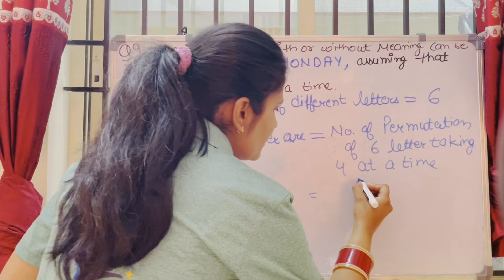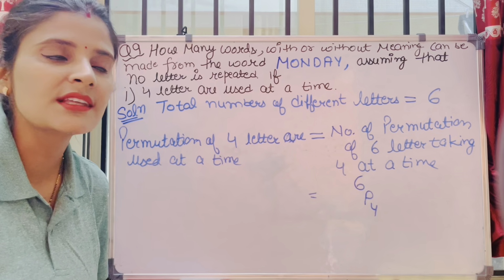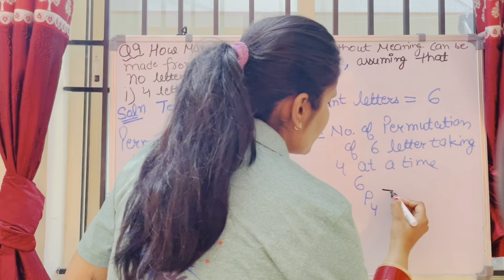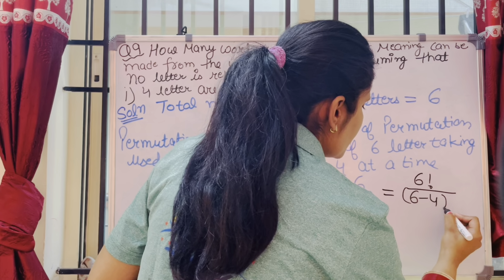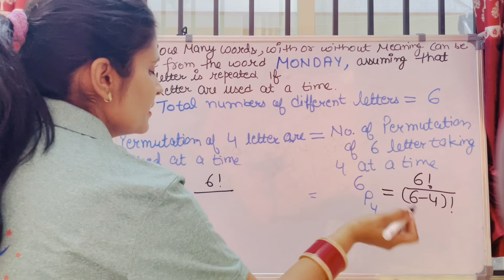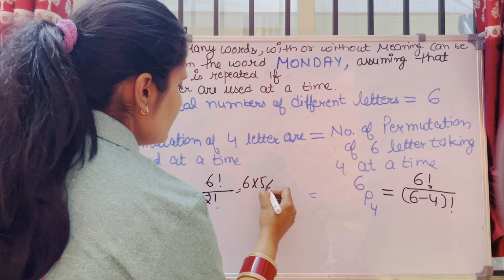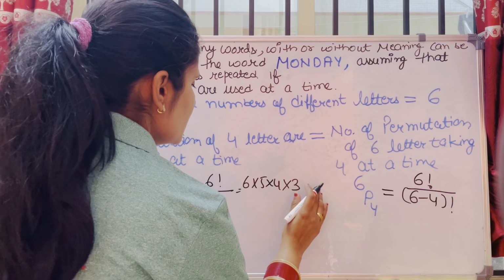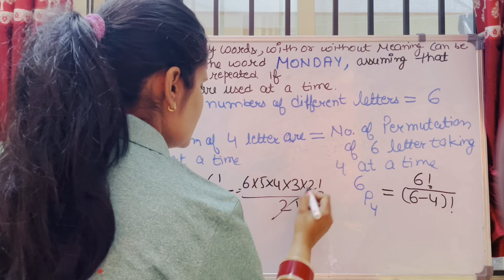So total number of letters is 6, taking 4 at a time. So 6P4. 6P4 is equal to 6 factorial over (6 minus 4) factorial. Next step, 6 minus 4 is 2 factorial. So 6 into 5 into 4 into 3 into 2 factorial over 2 factorial.